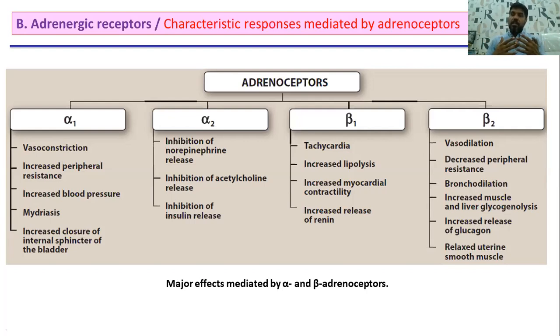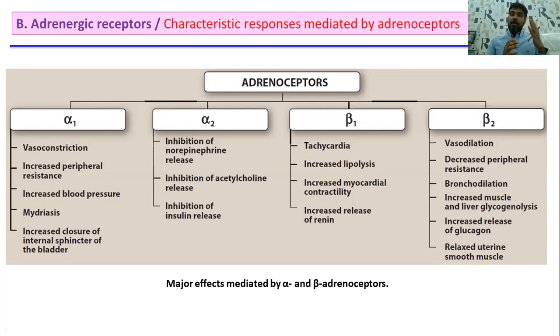So this agent demonstrates a positive chronotropic effect. Again, binding of an agonist with beta 1 receptor can increase the myocardial contractility, the force of contraction, and in this situation we call this agent a positive inotropic agent.